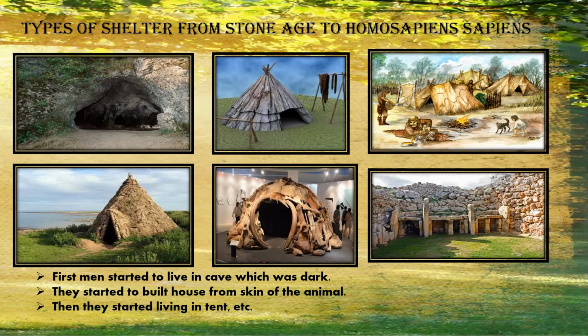Students, let's have a brief introduction on the Stone Age men, the climate change, and the shelter he lived in, as well as let's learn about them in detail. On your screen, you can see different types of shelter.